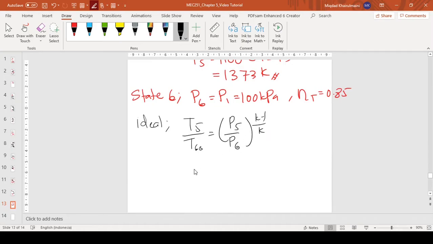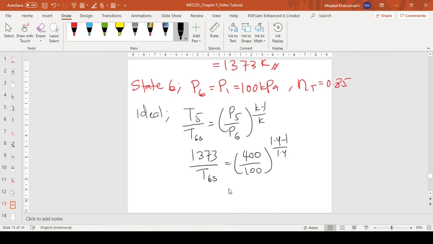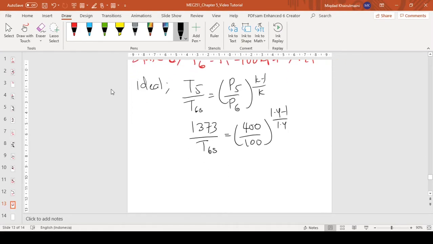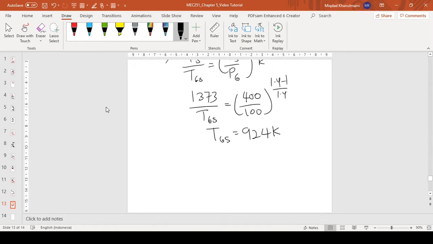Substituting the values to find T6S, 400 divided by 100, with 1.4 minus 1 over 1.4, T6S is equal to 924 Kelvin.